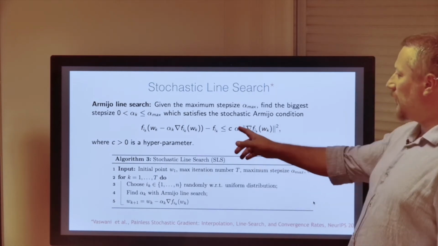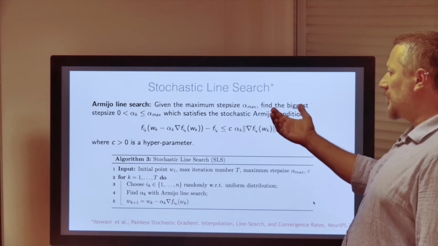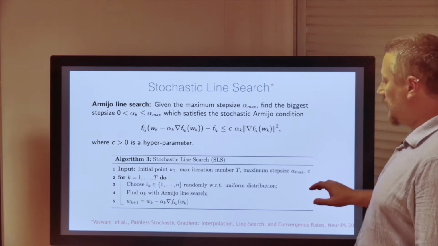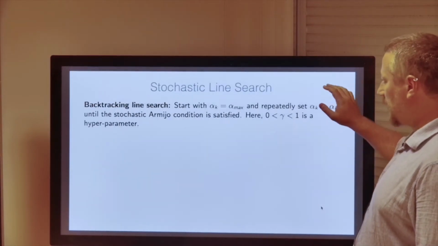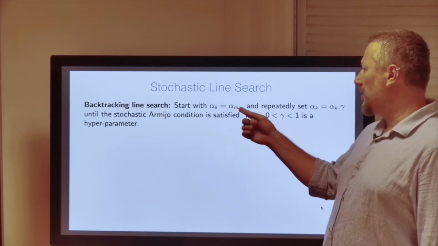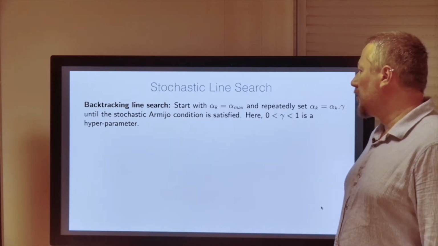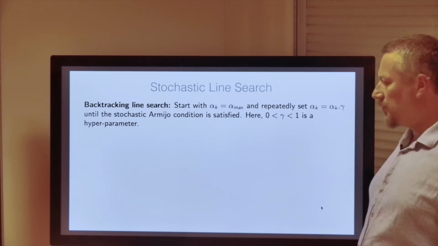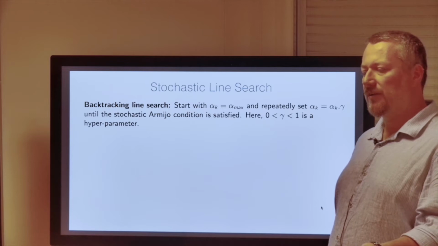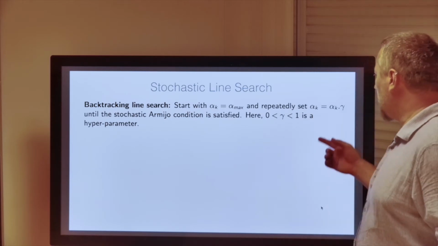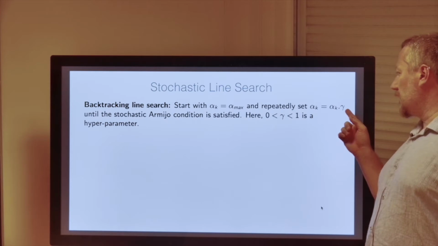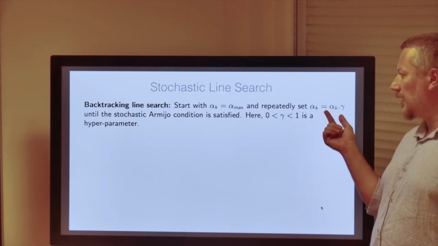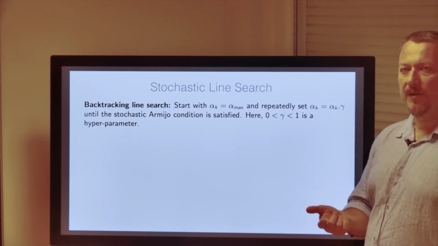And okay, but how do you find this point? There's this alpha k which satisfies this equation. There's this classical method called backtracking. What you do is you start with the maximum step size allowed, and then you see if the Armijo condition is satisfied or not. If it isn't, then you multiply your alpha k with some constant gamma, which is smaller than 1. So you decrease the step size and see if the Armijo condition is satisfied or not.